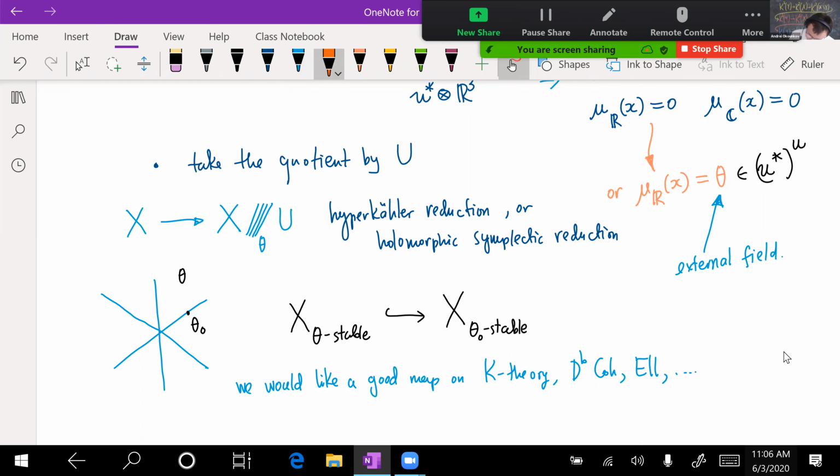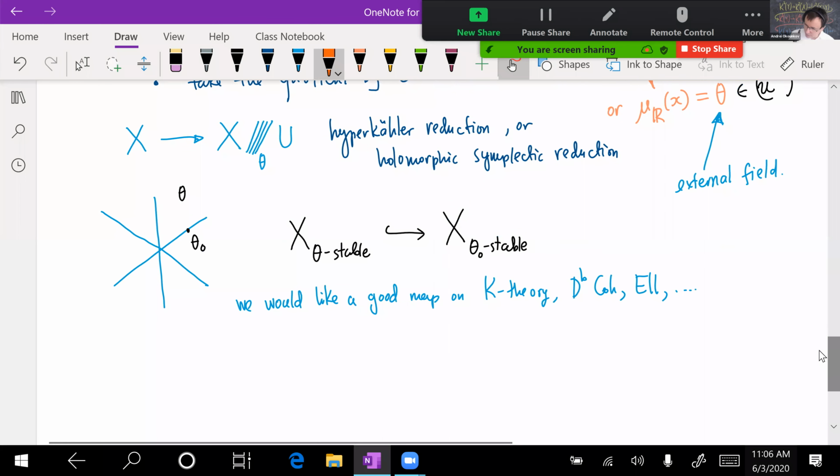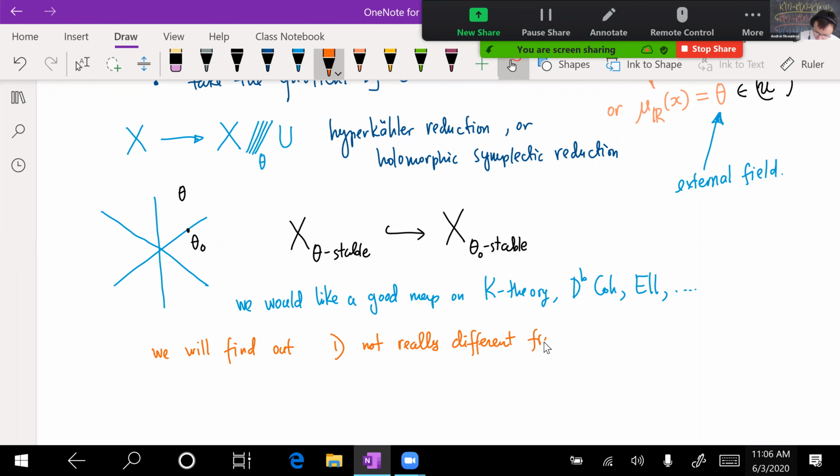So then, what will transpire? We will find out that this is not really different from stable envelopes.